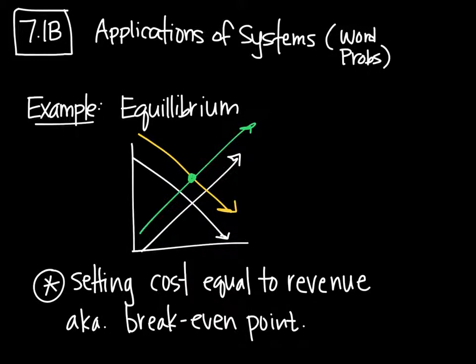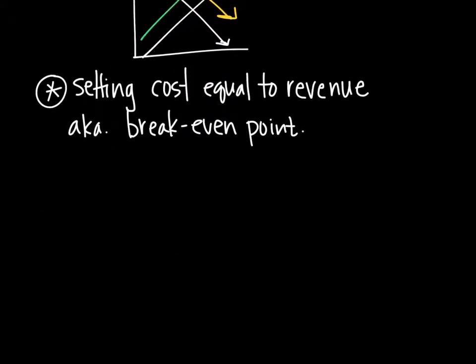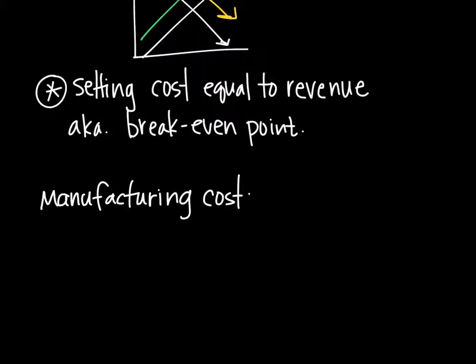All right, so we're going to do an application problem. We're going to see how a system would work for this. So let's suppose in your example that your business has manufacturing costs of 65 cents per item.